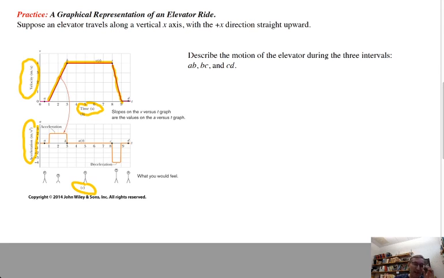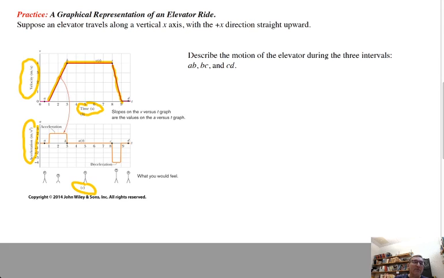Now let's compare the acceleration versus time plots. Remember, acceleration is the derivative of velocity with respect to time, or rate of change of velocity. And acceleration is the slope of the tangent line on the velocity time curve. So everywhere on the velocity time curve, the slope of the tangent line is going to be equal to what the acceleration is.